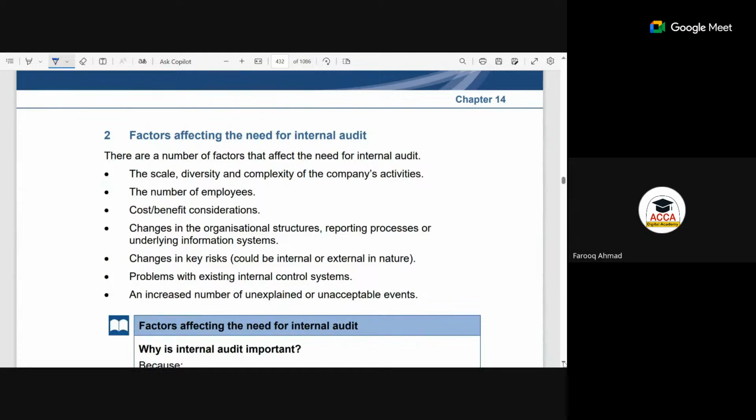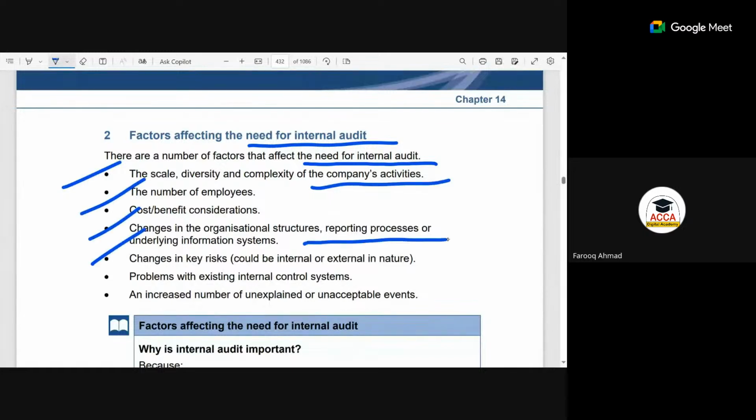Factors affecting the need for internal audit. Why is internal audit required? A number of factors affect the need for internal audit: the scale, diversity and complexity of the company's activity, number of employees, cash benefits, changes in organization structure, reporting process, or changes in key risk areas, internal and external, and then problems with the existing internal audit, and an increase in the number of unexplained or unacceptable events.